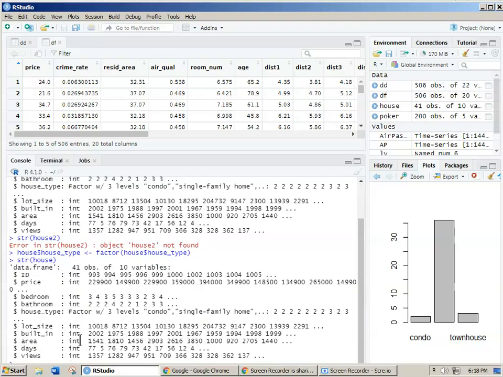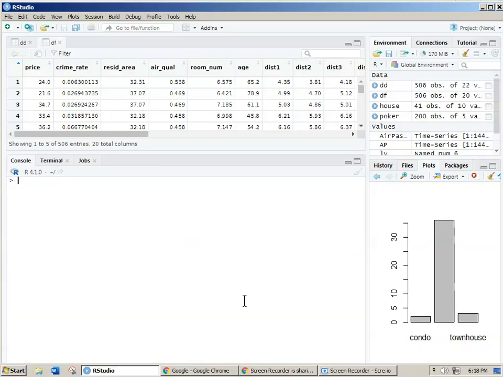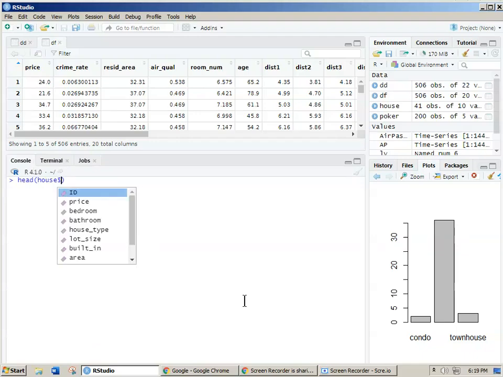So you could turn any of these into a factor. I wouldn't do it though, because you don't want to turn all of these into a category. It might drive the poor computer crazy. All right. Let's clean it up a little bit and just look at the first few rows. We had house$house_type.